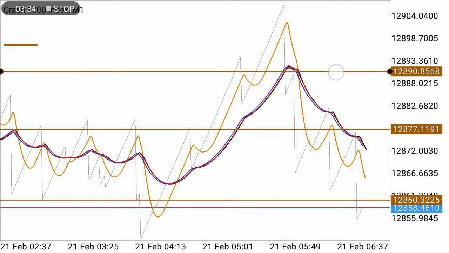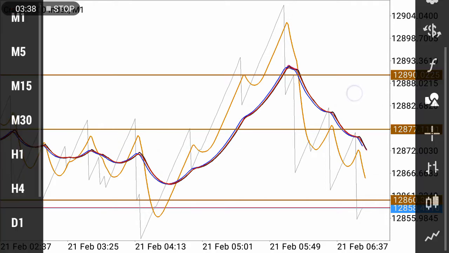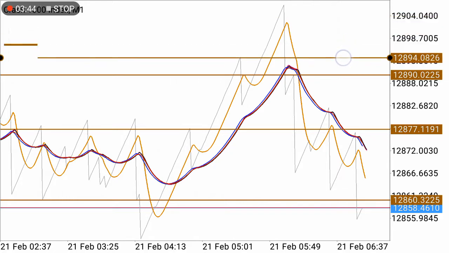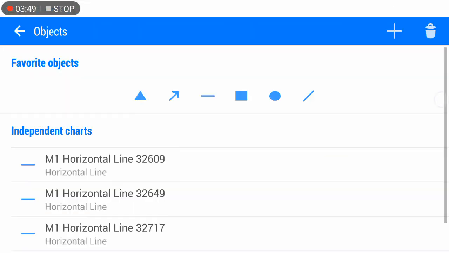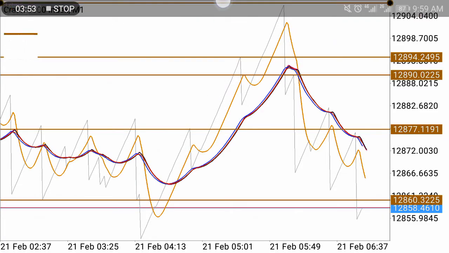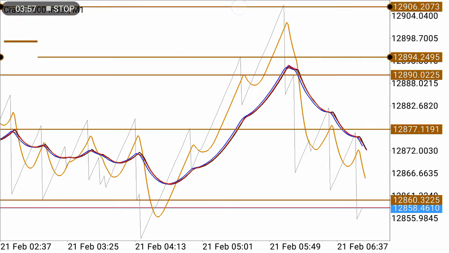Not verified, not verified. Placed here, it's not verified, but this resistance caused a market pullback. Not verified resistance, and that open resistance, this one.